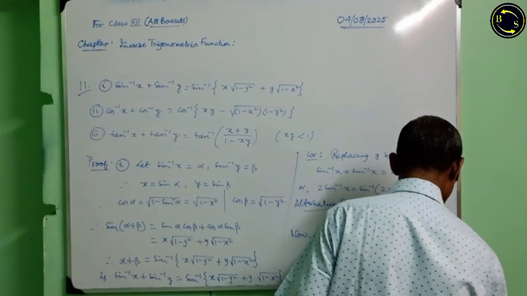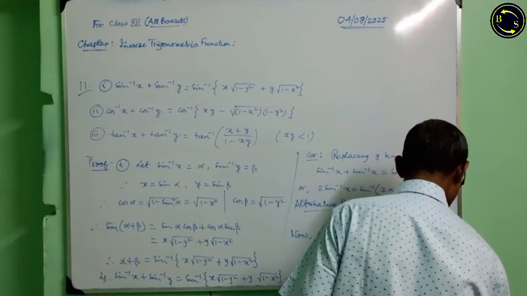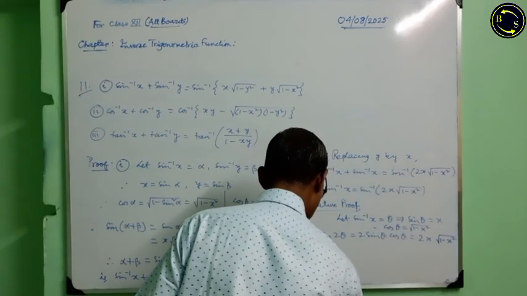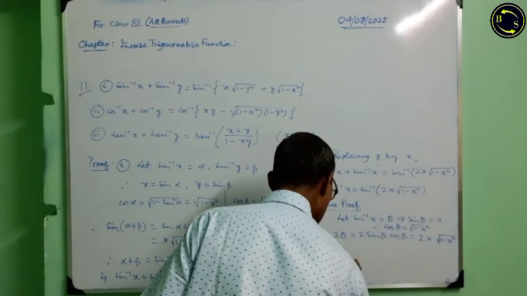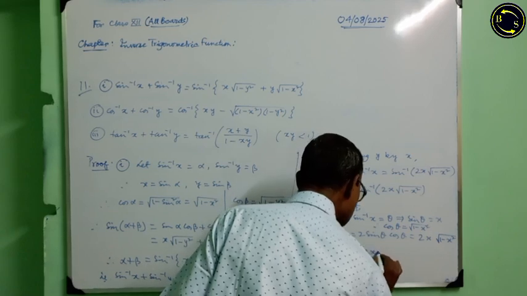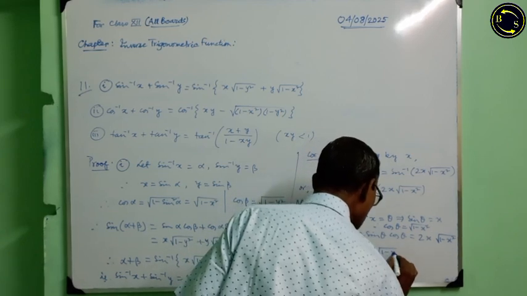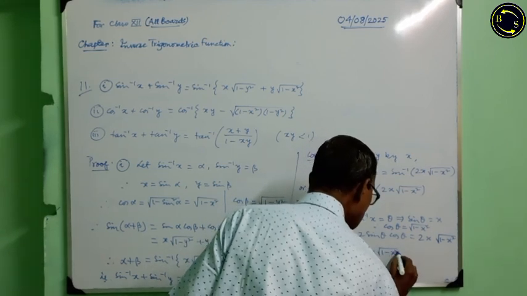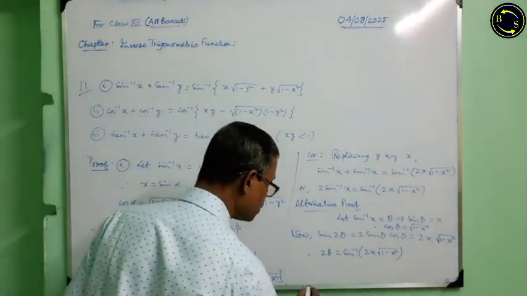Therefore 2 theta is sine inverse of 2x into root over 1 minus x square.